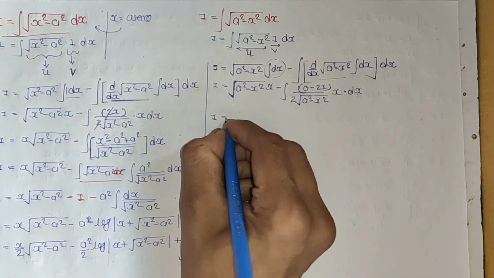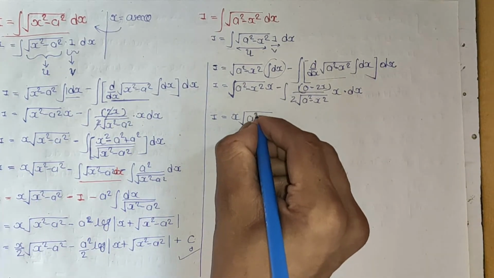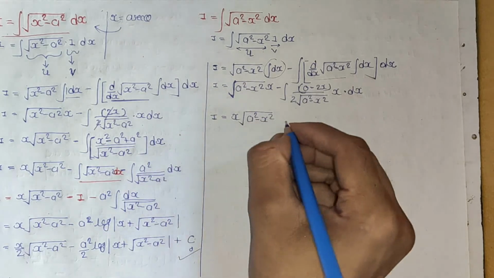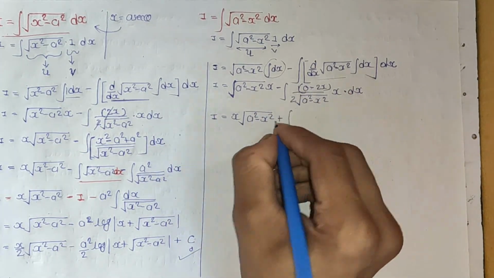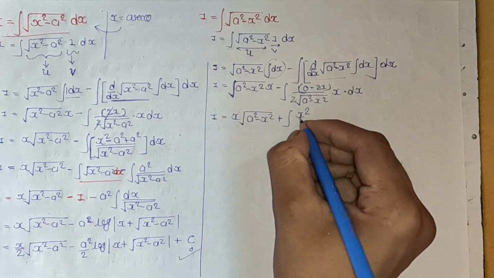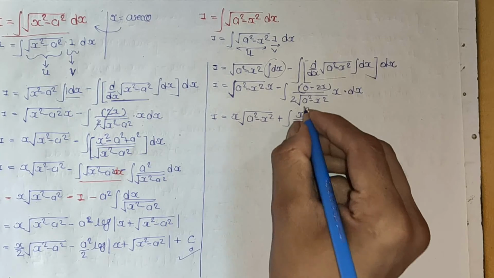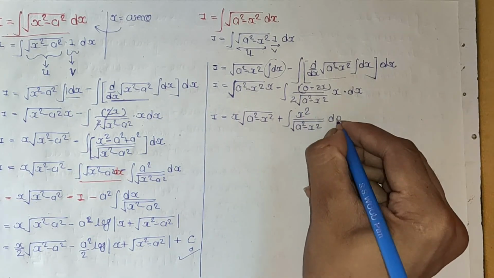Now I equals x square root of a square minus x square minus minus plus integration 2 to cancel, x square by square root of a square minus x square dx.